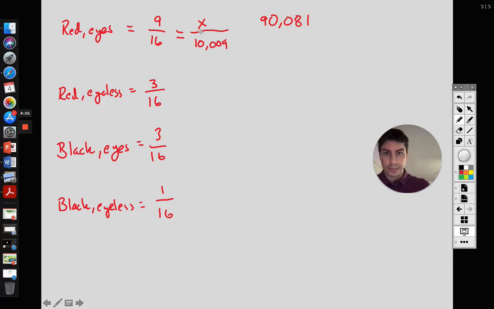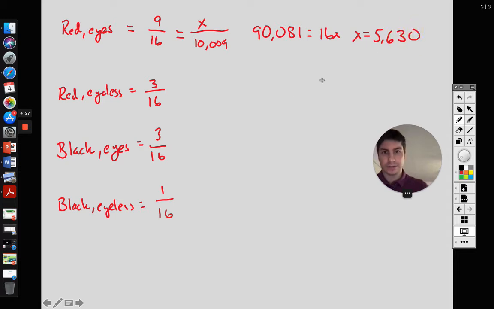And I'm going to do 16 times x. Let me do that a little different. 90,081 equals 16x. And then we can solve for x by dividing each side by 16, and we get 5,630.